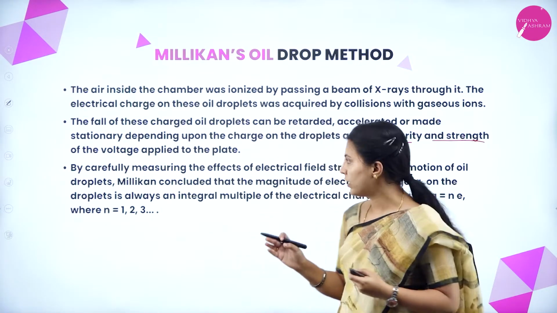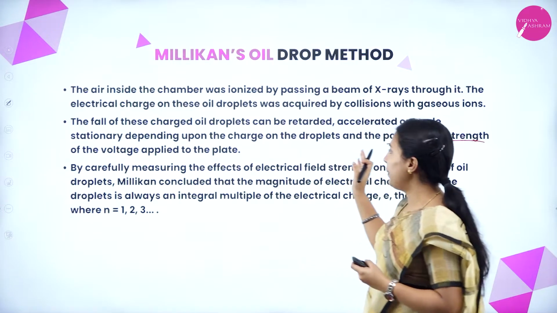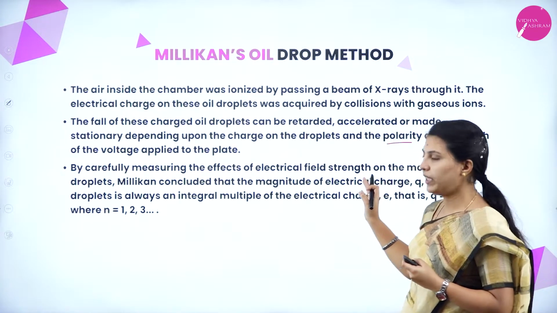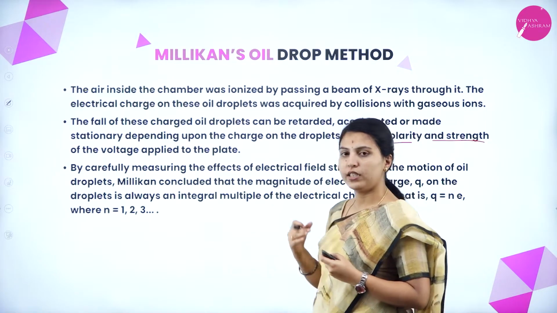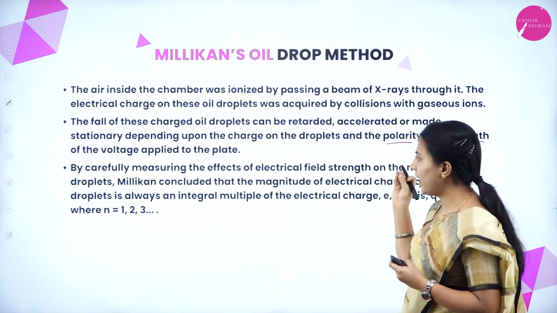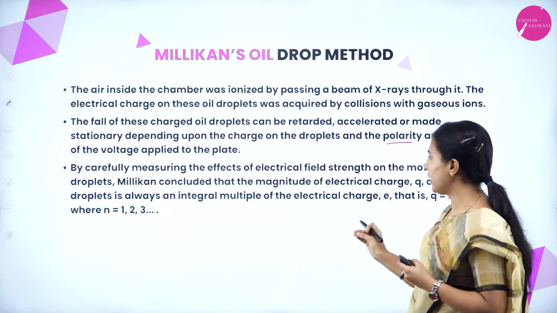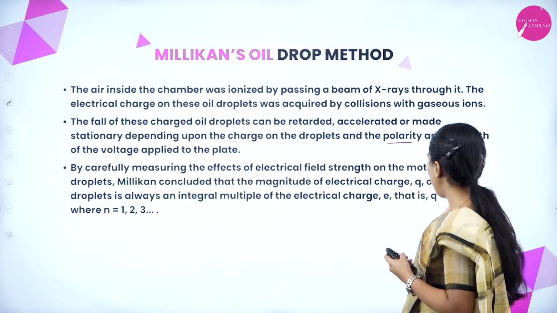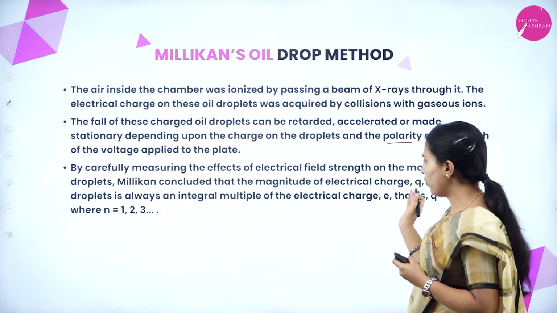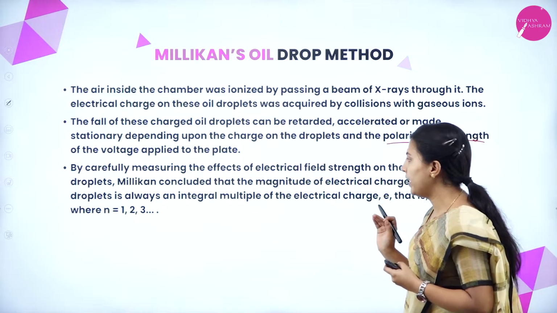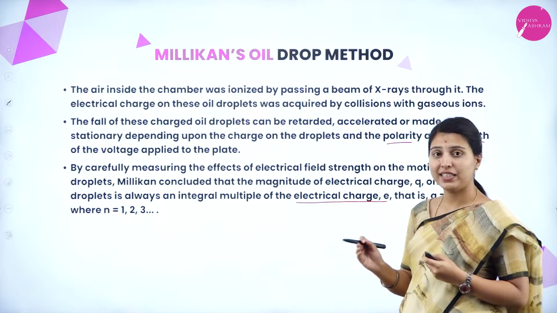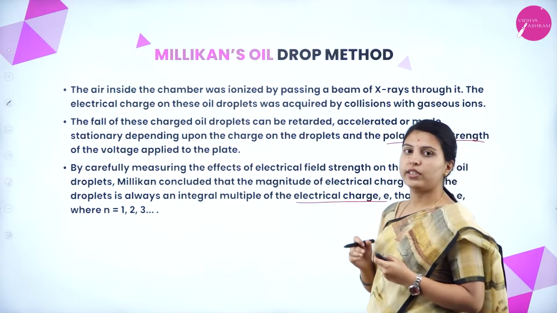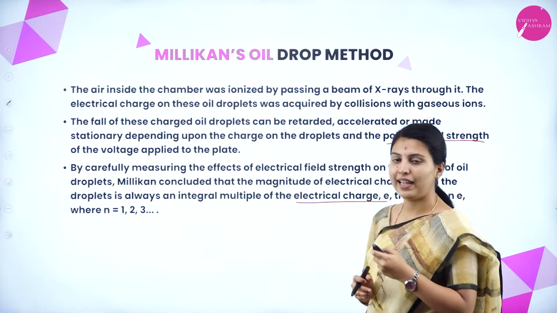Okay, he said that depending upon the charge on the droplet and the polarity and strength, the voltage will be applied. And overall, by carefully considering all the effects of the electrical field, he said the magnitude of charge on the oil droplet will be an integral multiple of the electrical charge. By this, he showed the charge on an electron.